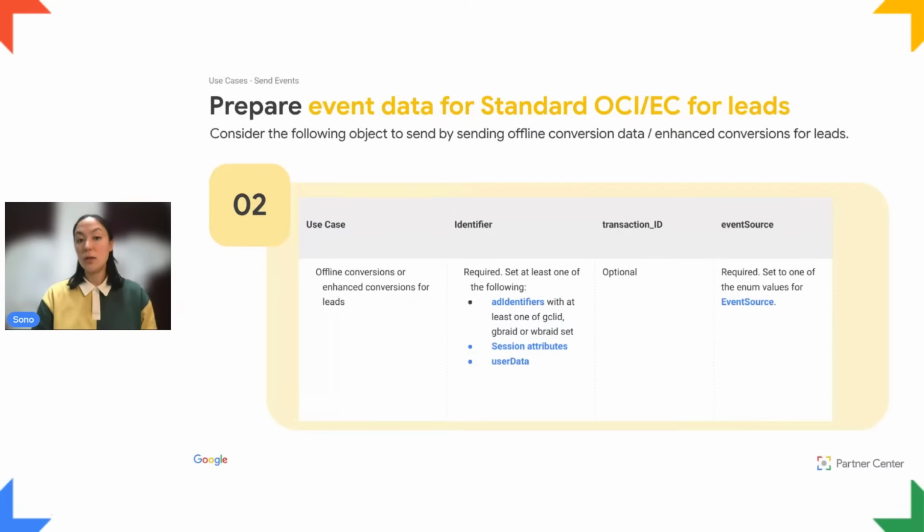And the newest one is our session attributes. Remember here, and just to correct what I said before as well, you can use multiple identifiers here, right? That's the difference. You can make use of the GCLID, the email address, and so on. So these are the identifiers which are used for offline conversion or enhanced conversion for leads.